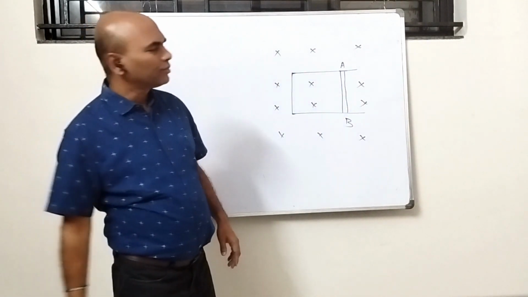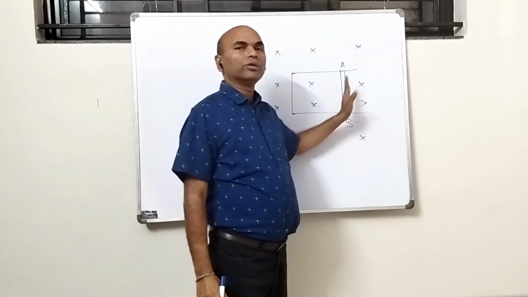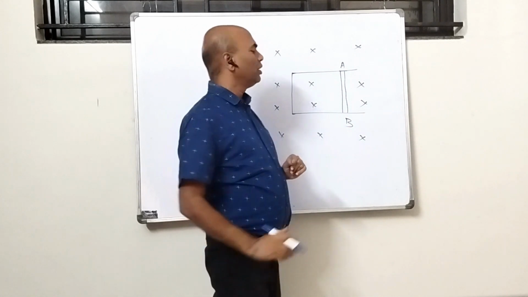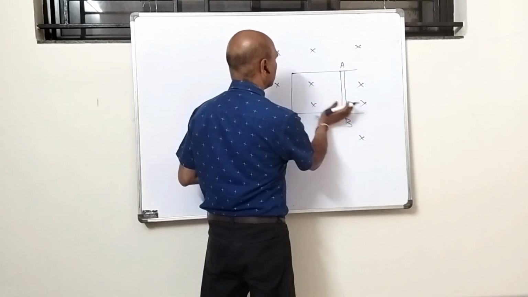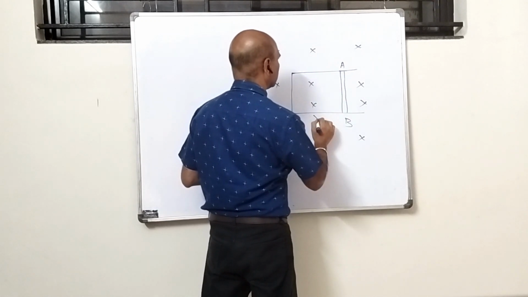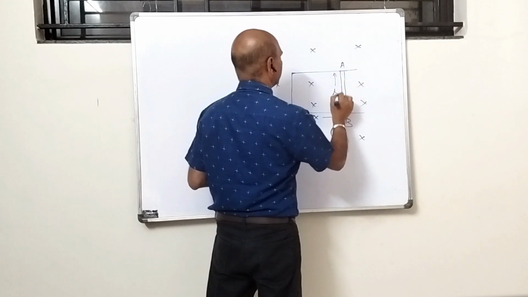And now in this scenario, I am moving the rod AB to the right. Okay, and let us assume that at a given instant, this distance is x and length of the rod is L.